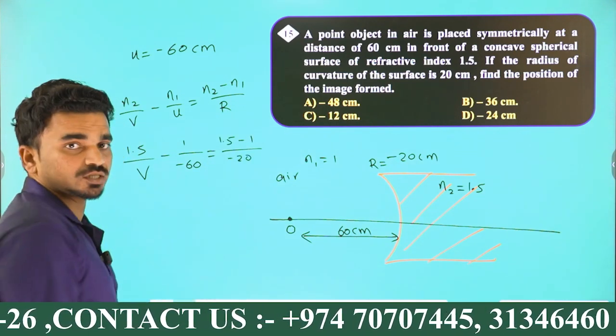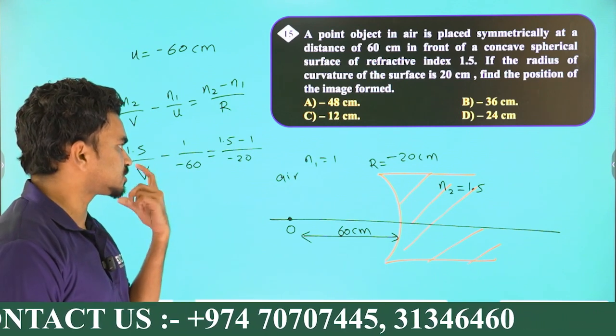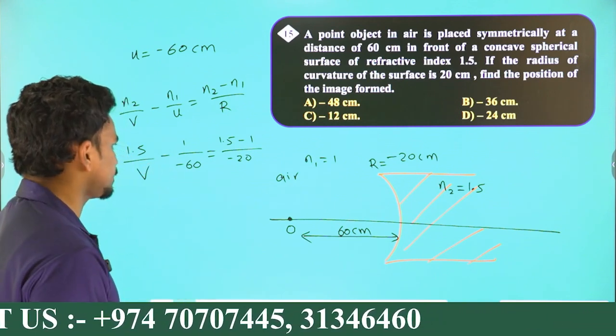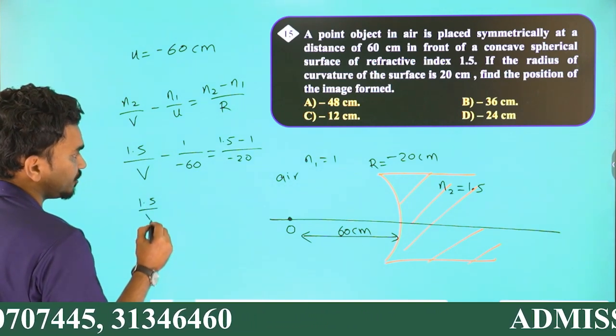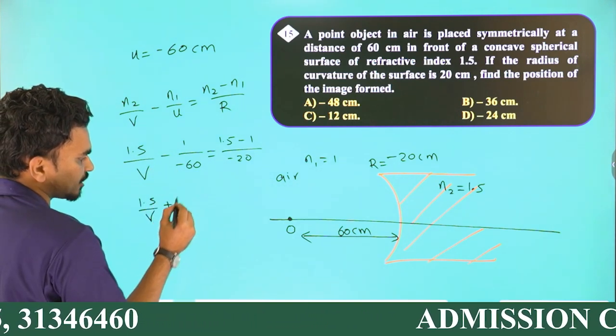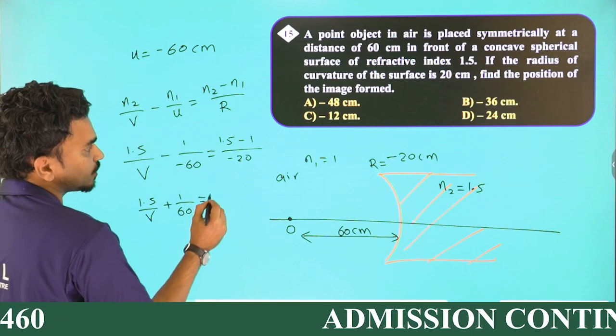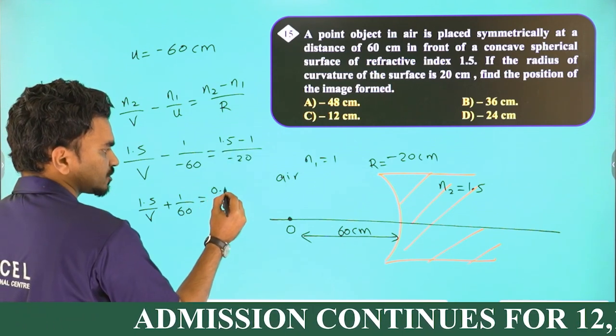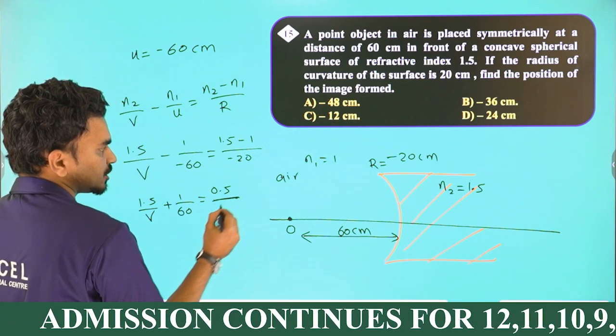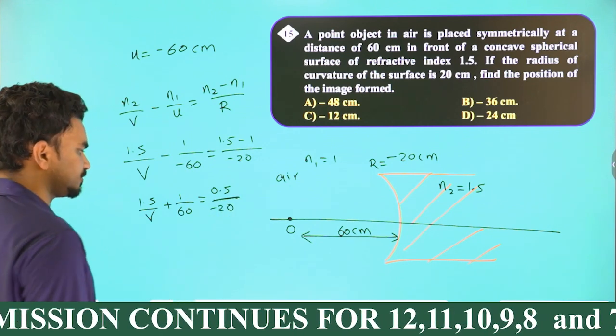Be very careful about ray optics numericals. You can solve this, right? 1.5 by V, and the minus becomes plus 1 by 60, is equal to 0.5 upon negative 20.